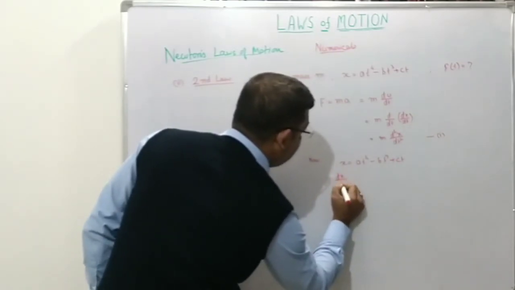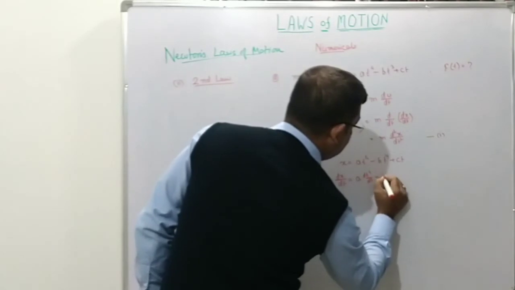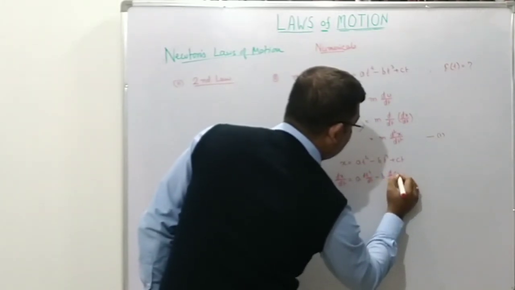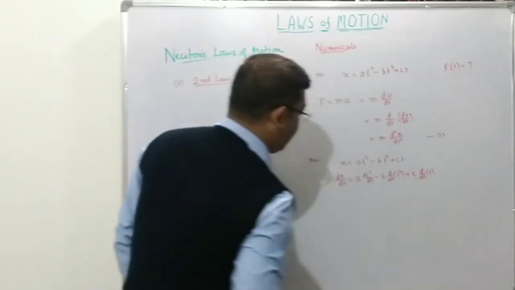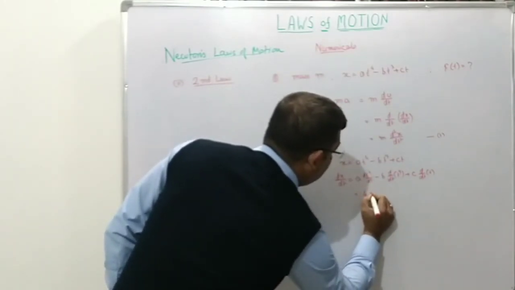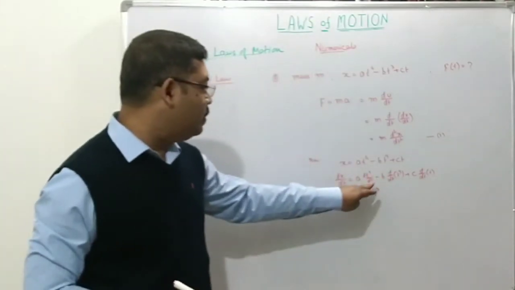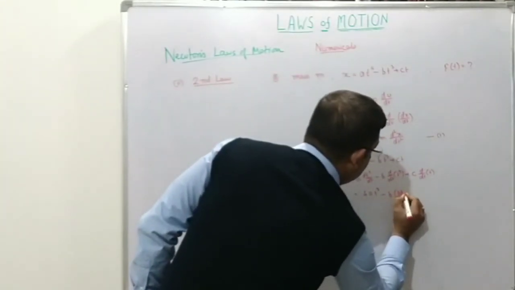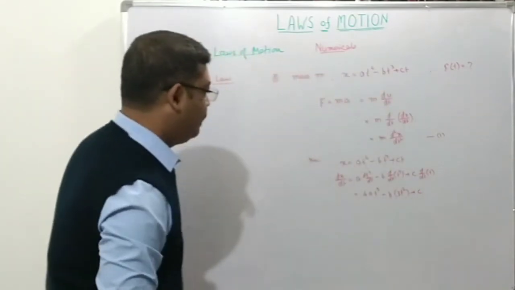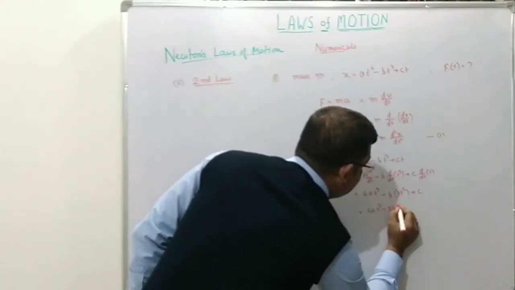Therefore, dx by dt must be equal to a d by dt of t to the power 4 minus b d by dt of t cube plus c d by dt of t, which is 4a t cube, differentiation of t to the power 4 with respect to t is 4 t cube, minus b into 3 t square plus c into 1, which means this is equal to 4a t cube minus 3b t square plus c.